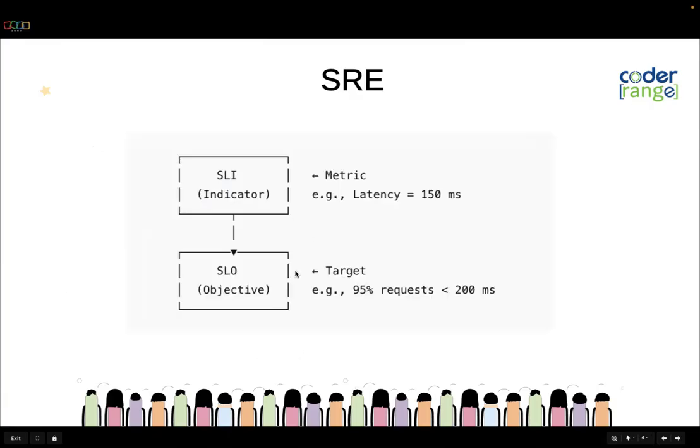Basically, if you take any product, they try to find the metrics: how much latency the product has, how much time a request takes, how much delay is happening. They look at the indicator and the objective and then set targets.